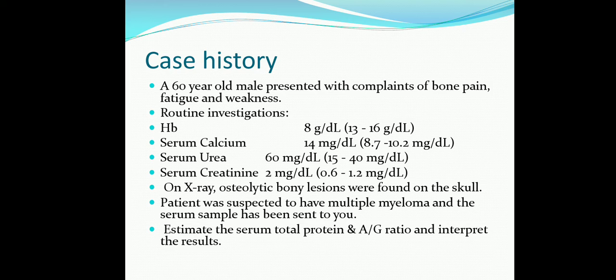Normal is 13 to 16 gram per deciliter. Serum calcium was reported to be 14 milligram per deciliter. The normal is 8.7 to 10.2. Serum urea is 60 milligram per deciliter as compared to normal 15 to 40 milligram per deciliter.